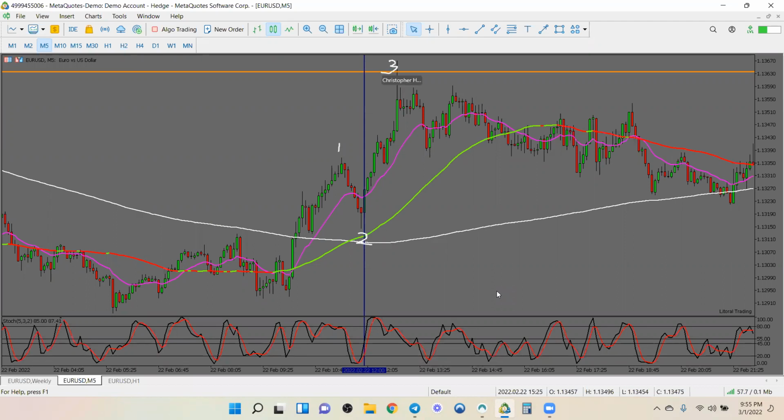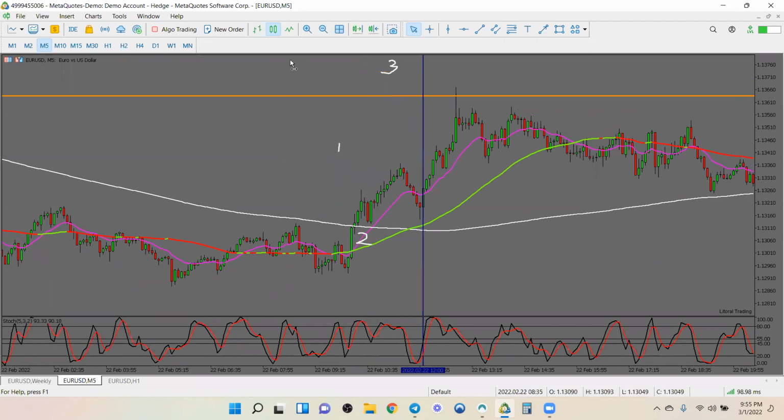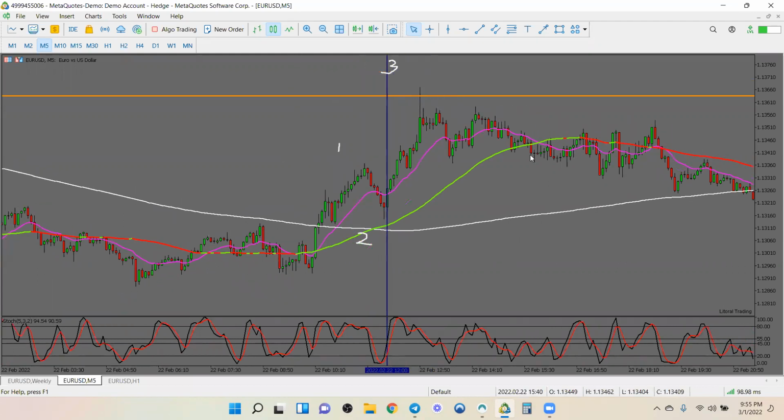But what did we hit? We hit a key line. How many waves on average do trends go? 3 to 5. So we're at wave 3 hitting, what key line is this? That is what time frame? Oh, that's 4 hour. 4 hour key line.